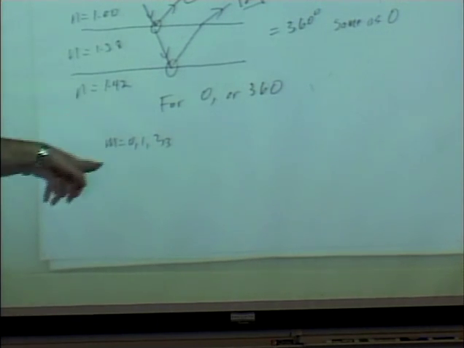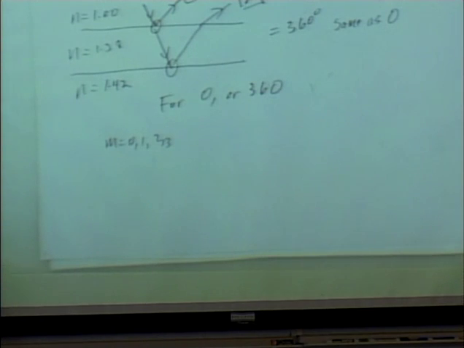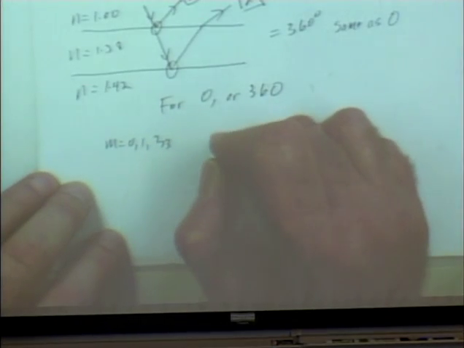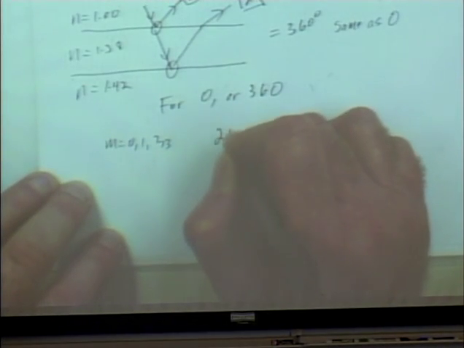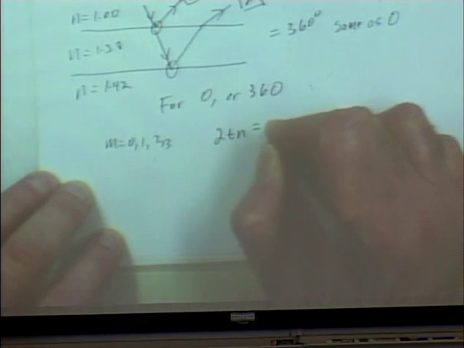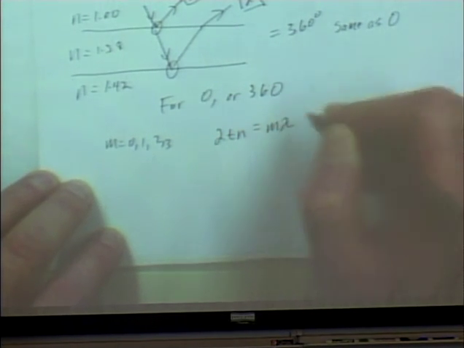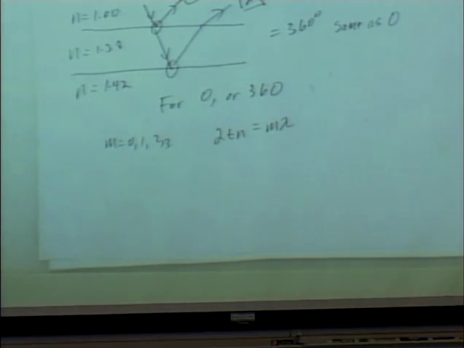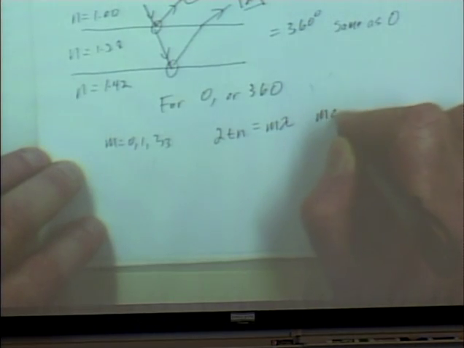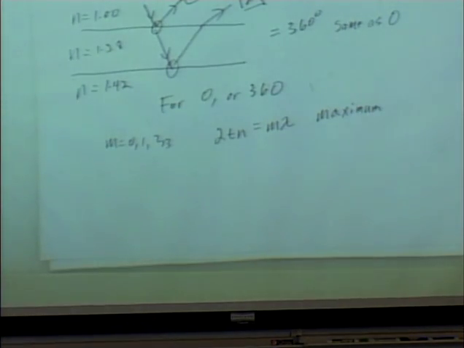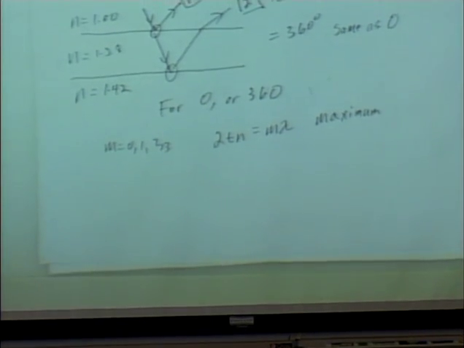But anyway, for m equals 0, 1, 2, 3, you have this for the maximum. The maximum will be 2tn equals m times lambda. And that lambda is the lambda in a vacuum or lambda in air. This is your maximum. And maximum means constructive interference.